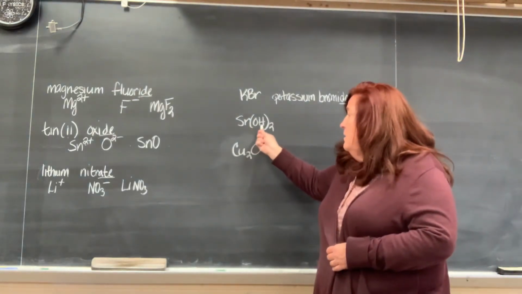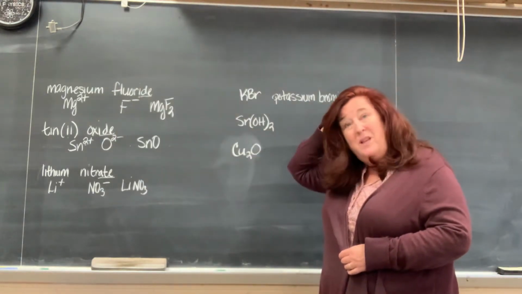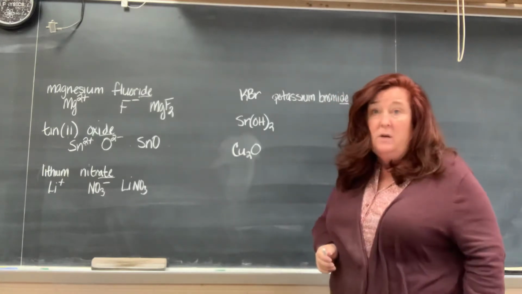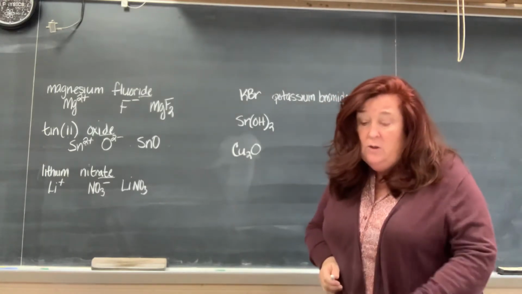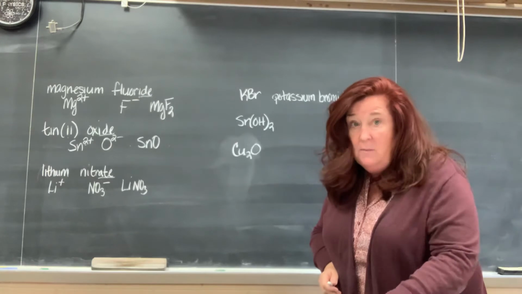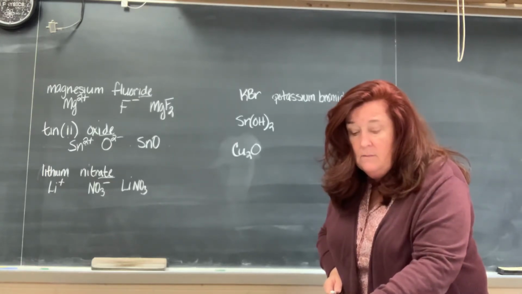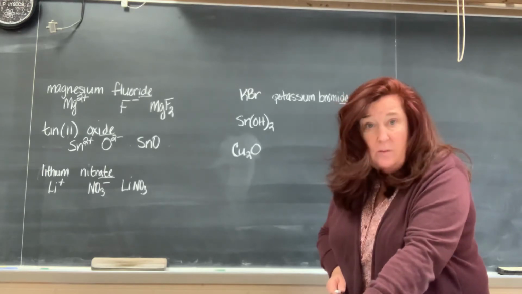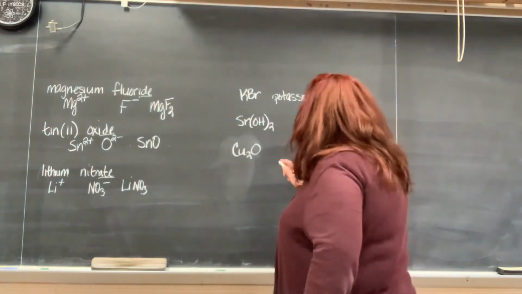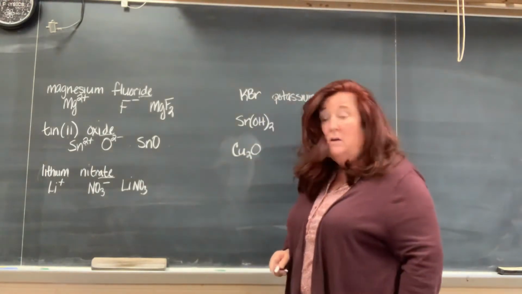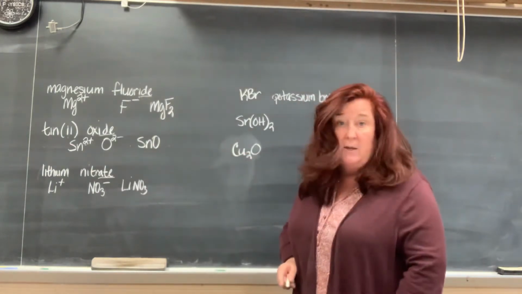This one is different. There's parentheses and more capital letters. That means it's a polyatomic ion, so you have to look it up on the chart. You go down the chart in the middle until you find OH. There it is, a little bit more than halfway down, and it says that OH is called hydroxide. Strontium's not special, it's in group 2.